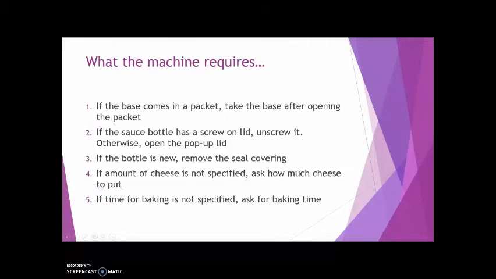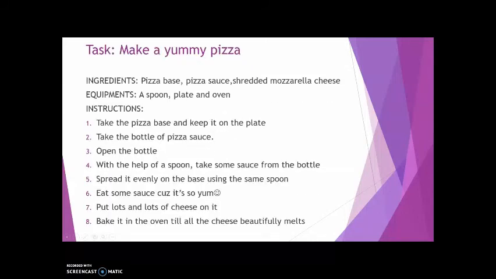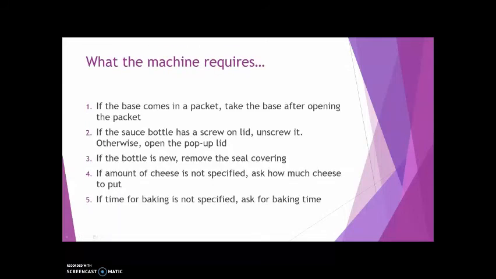So now we'll see what the machine requires. So let's imagine that you were to program a machine which made pizzas for you. So we wrote all of this, but now I'm going to tell you that all that is just not enough.